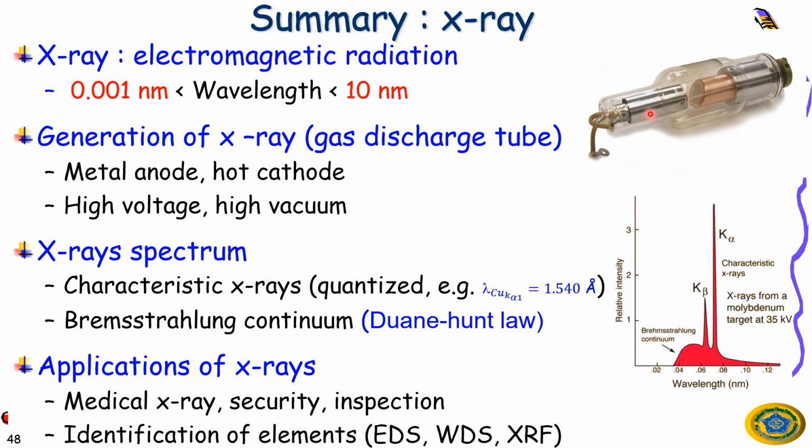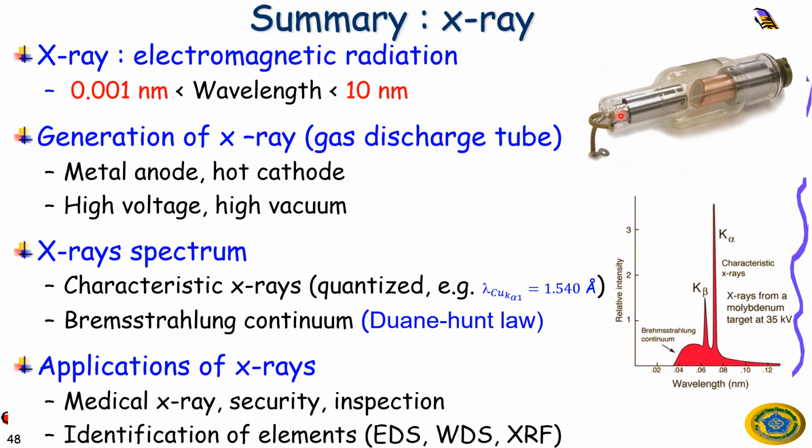And we have a hot cathode. Hot cathode is the place to generate electron beams. So you have a very hot cathode that generates electrons, and electrons shoot from the cathode to the anode. And due to the energy-matter interaction, here we will generate X-ray.